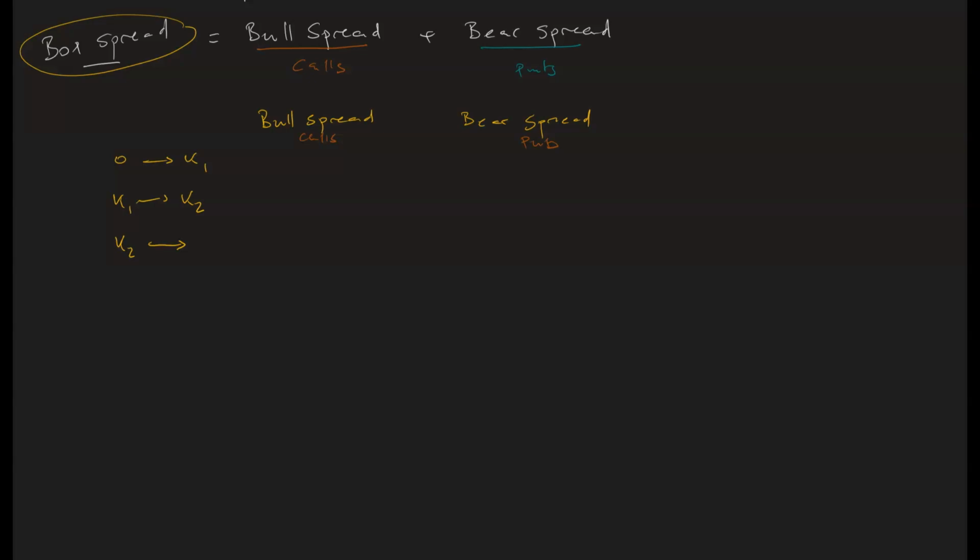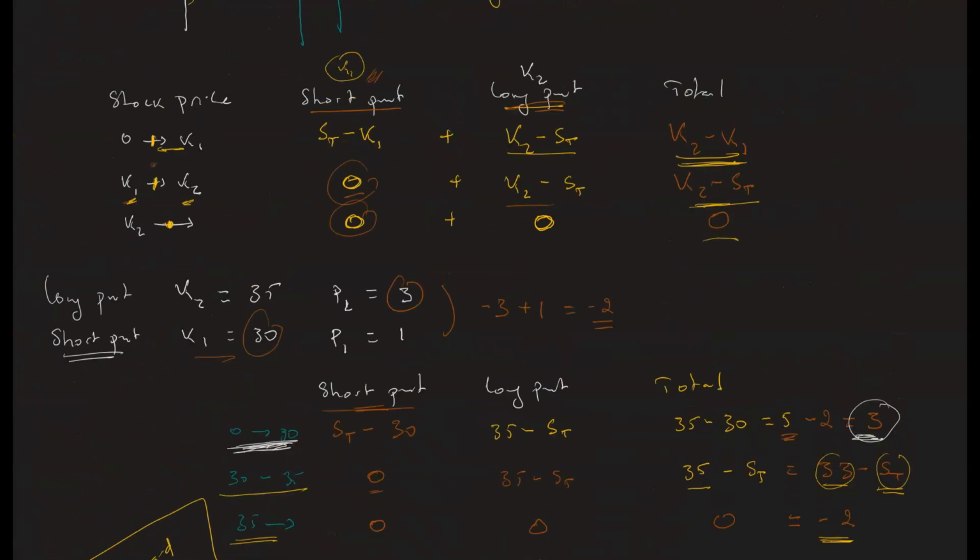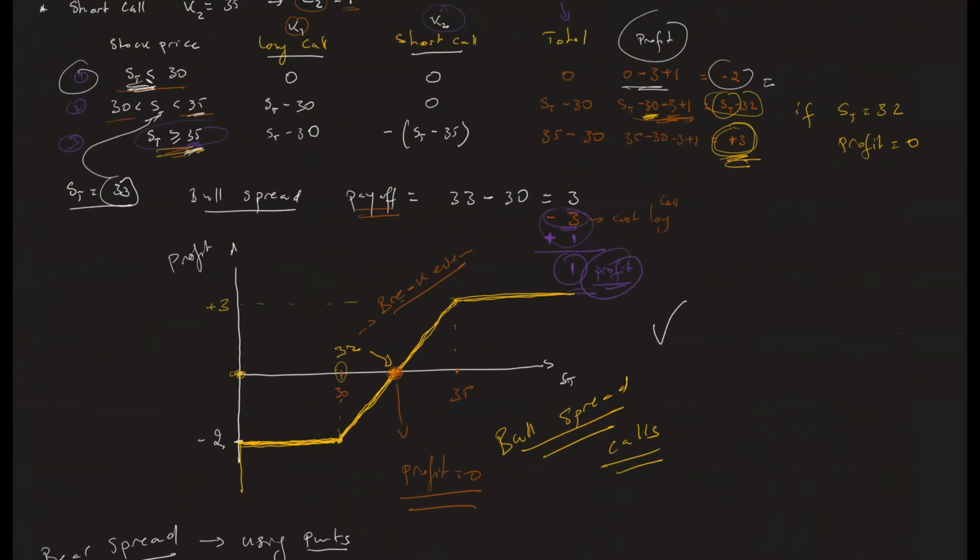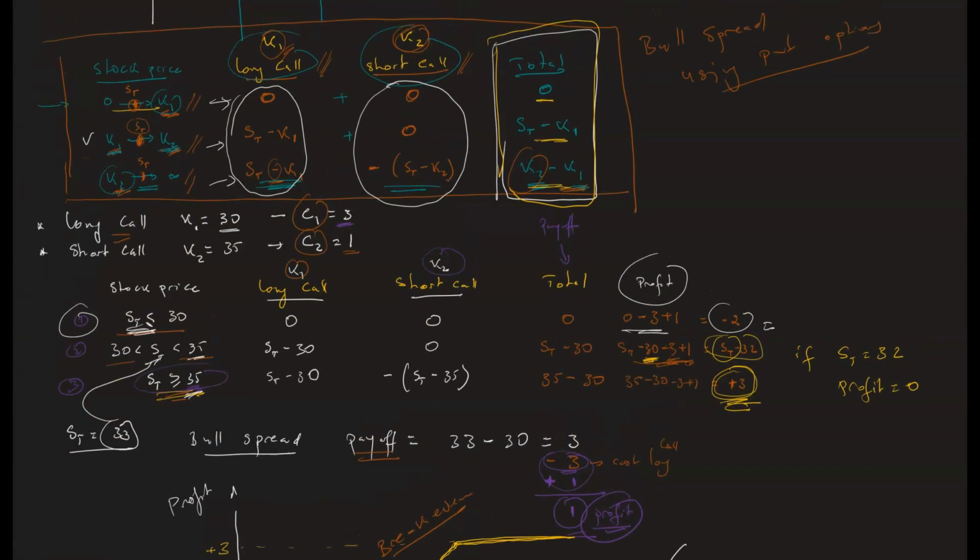Now let's remember what the outcome on our bull spread using call options was, and we're going to go all the way back up there and just copy that. So our bull spread using call had this payoff, right?